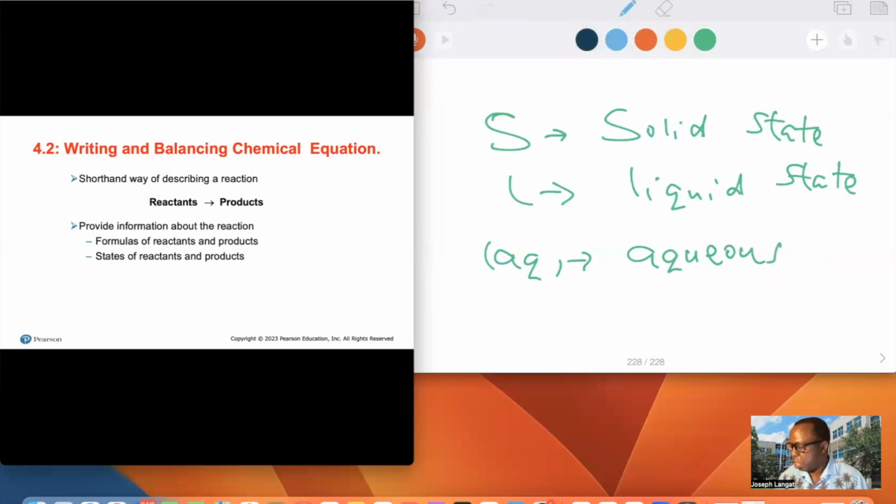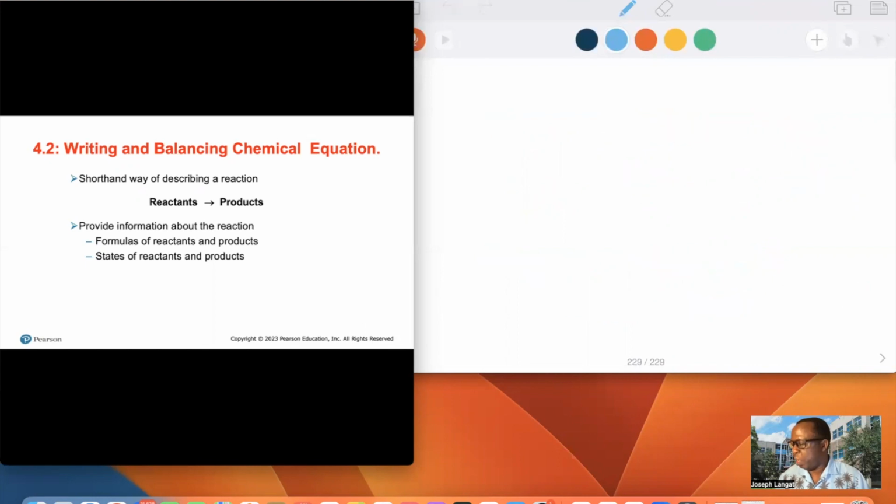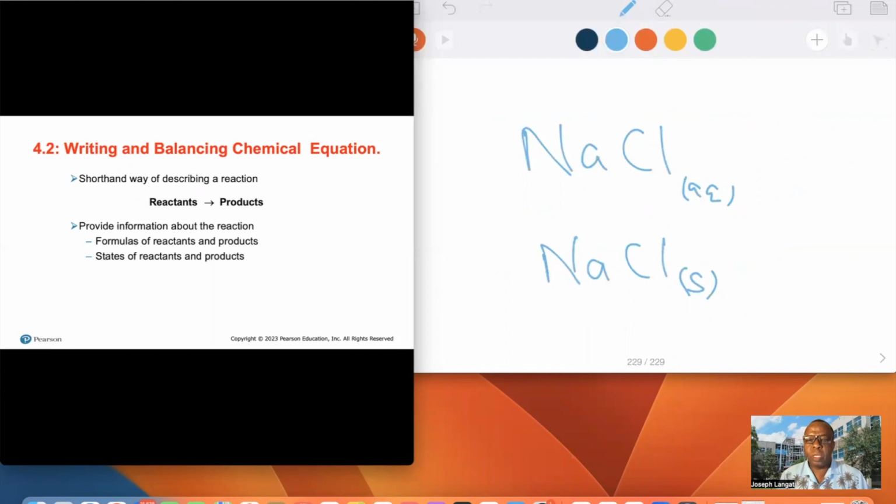So if you dissolve sodium chloride in liquid H2O, you will see this notation. This is table salt dissolved in water. But NaCl by itself, this is just the regular table salt, in solid state.